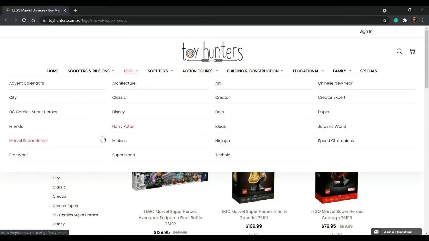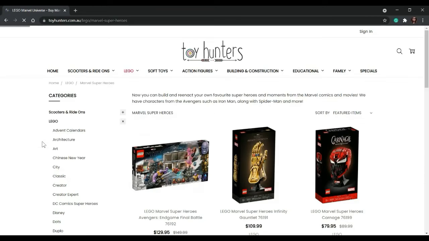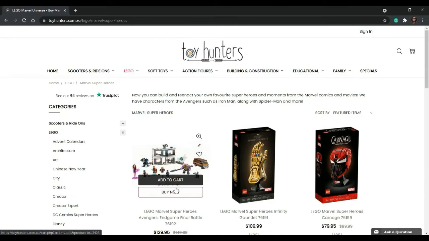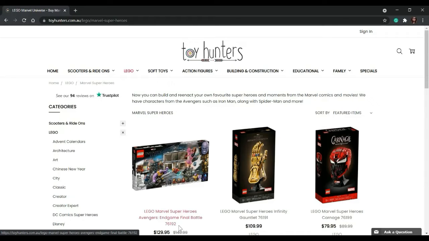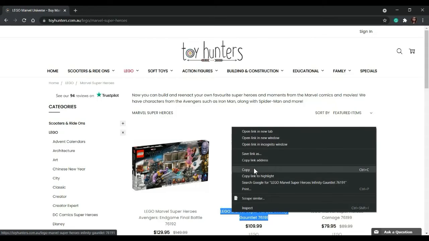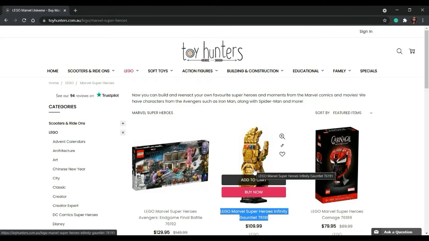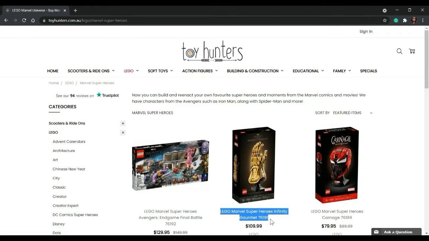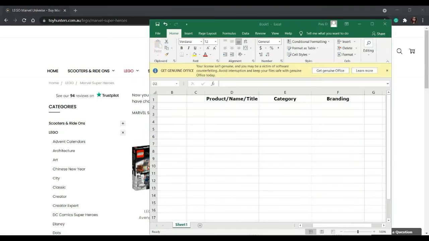Okay, so I'm going to show you an example of a website here, Toy Hunters. As you see, Toy Hunters is the branding here. When we see the other categories of this website, these are the categories, and we look for specific products. Lego, okay, what are you looking for? Jurassic World, Marvel superheroes. And here are the names with the product codes. For this page, you have to copy the whole name and the code as well.